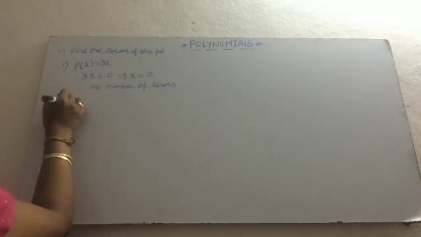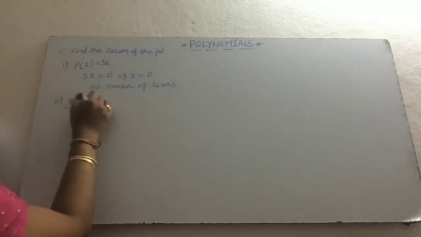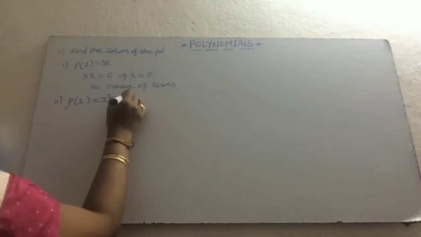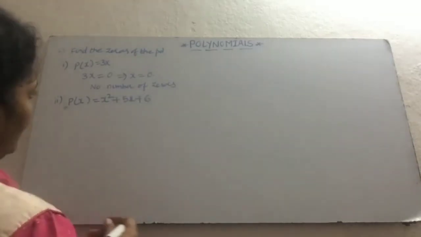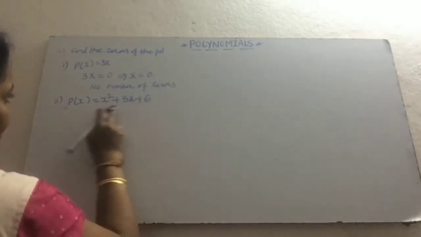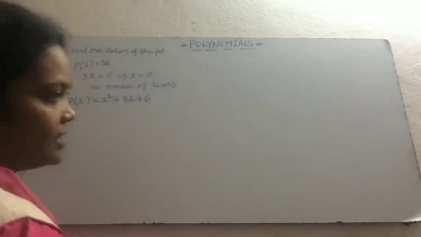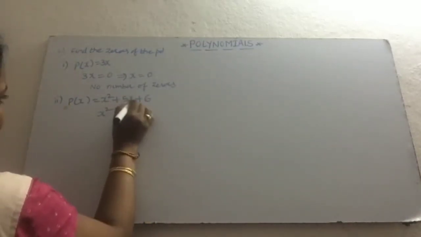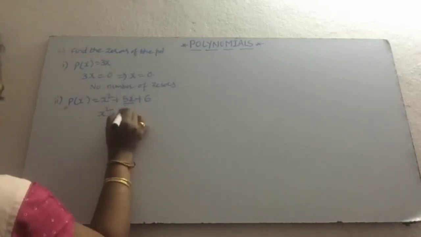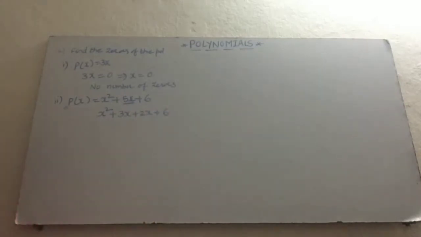And the second one, p of x equal to x square plus 5x plus 6. Now we will find the factors, the roots of this equation. So x square, splitting the middle term, plus 3x plus 2x plus 6.